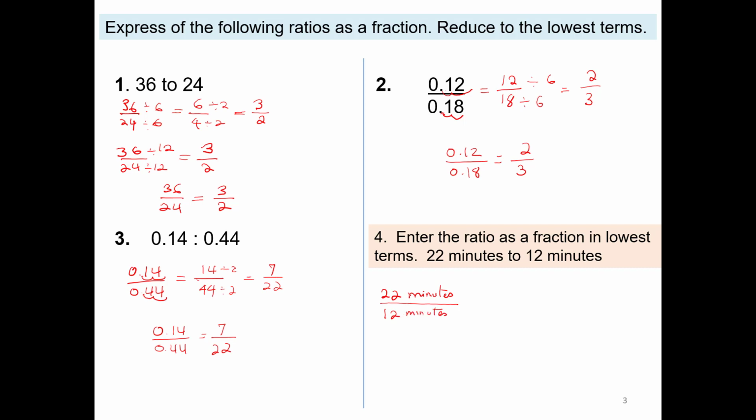Because we had the same unit, we can cancel it out, and finally we had 22 over 12. Now we can divide by 2 to reduce to the lowest terms. 22 divided by 2 is 11, 12 divided by 2 is 6. And finally 22 over 12 equals 11 over 6.